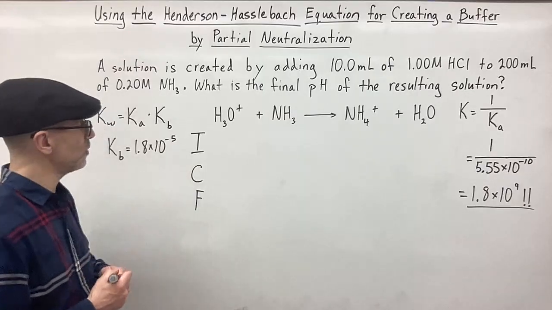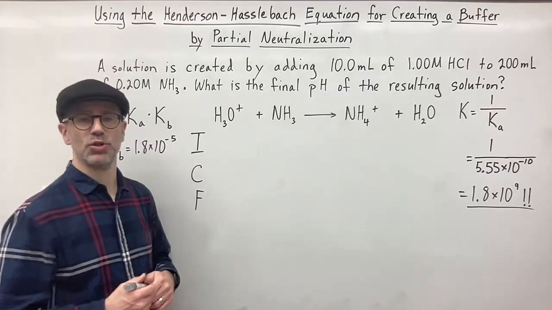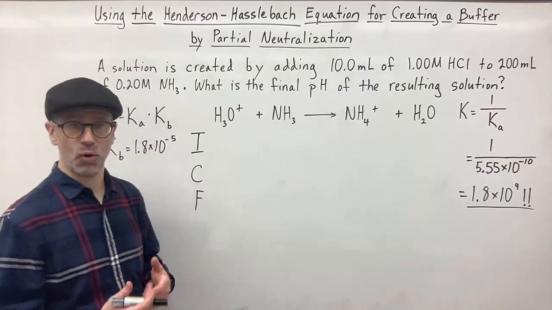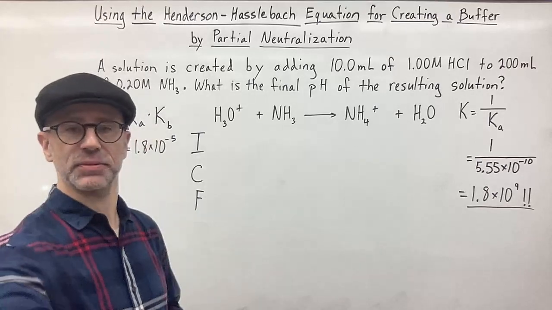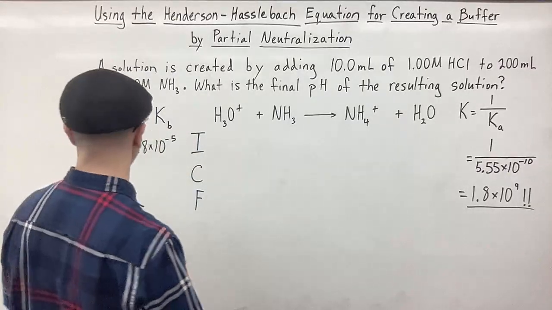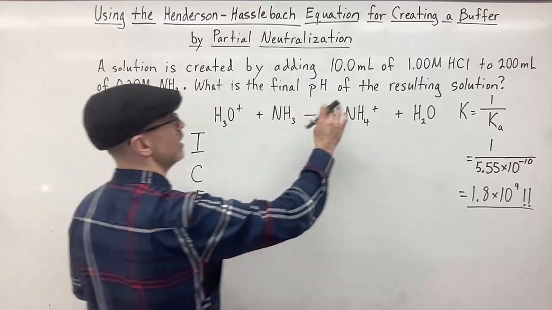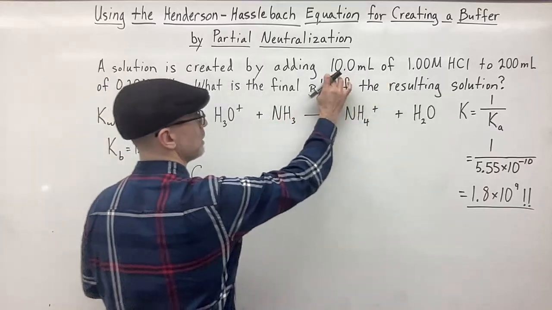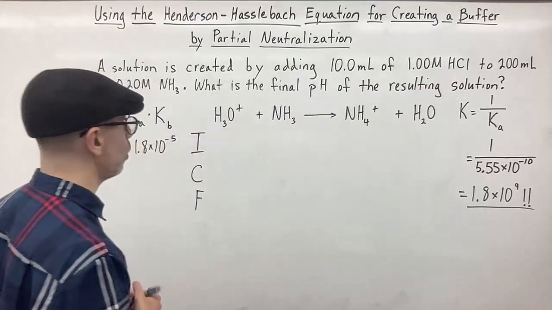Now in this case, we don't want to use molarity or concentrations, we use the moles or millimoles. So let's go ahead and do that. So we're going to calculate the millimoles. For the millimoles of the strong acid, you take the volume in milliliters and multiply it by the molarity, and you get the millimoles.